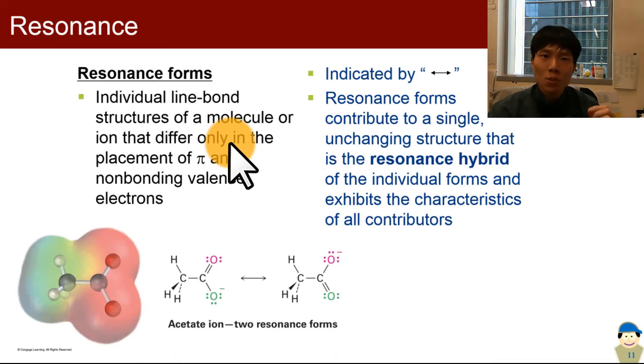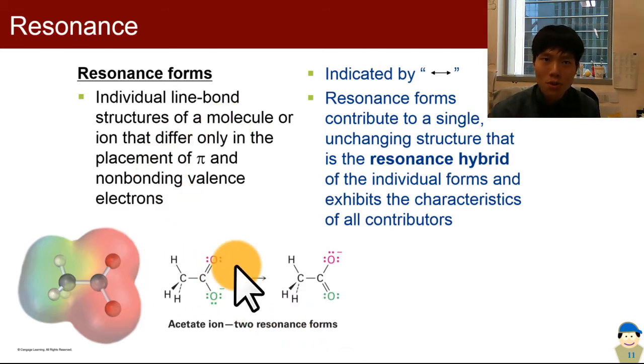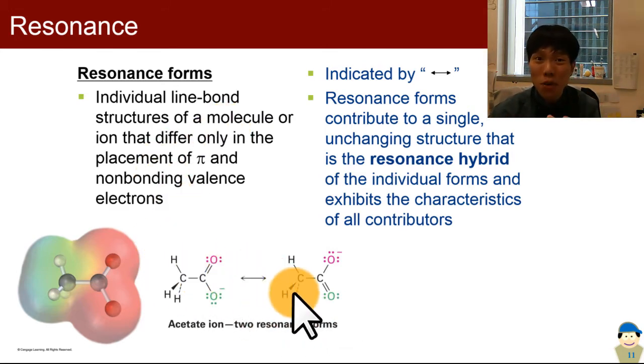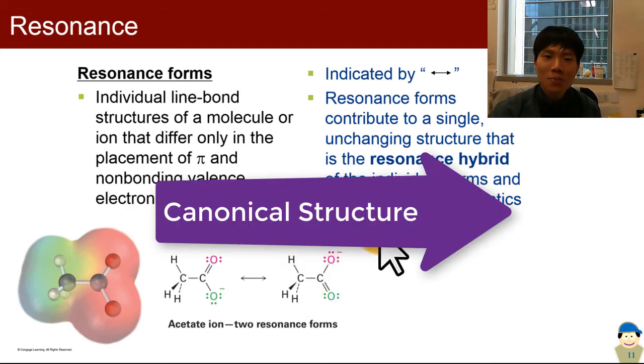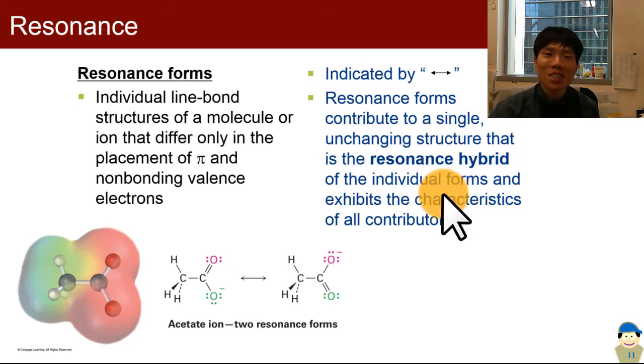Now, to be specific, the resonance structure is the average structure of these two forms. Okay, so these are called resonance forms. These individual structures are not called resonance structures, they are called canonical structures. Okay, and we also have something called the resonance hybrid, the average molecule that we can isolate from the different resonance forms of a drawing.